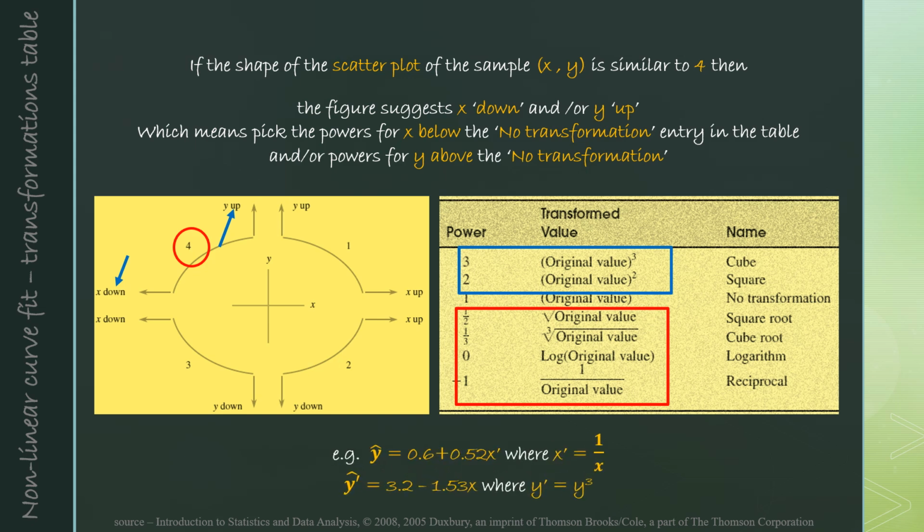Examples are y hat equals 0.6 plus 0.52 multiplied by x prime, where x prime equals inverse of x, or y prime hat equals 3.2 minus 1.53 multiplied by x, where y prime equals y cube. That concludes our discussion on nonlinear curve fits using the transformations table.